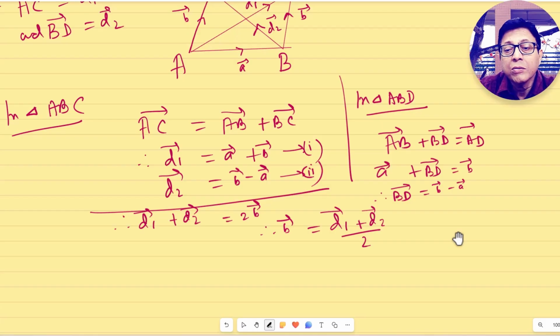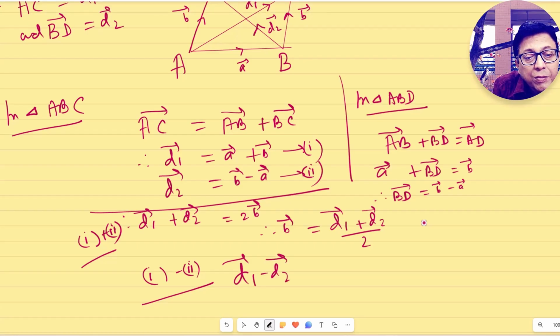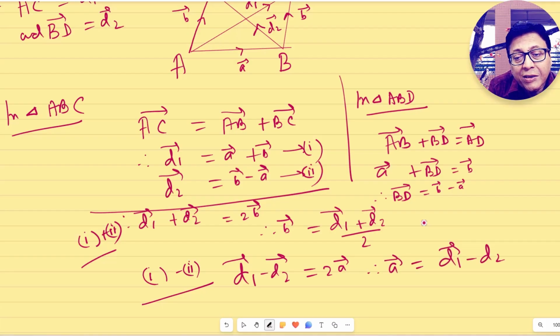D1, D2, so D2 vector going to be B minus A, number 2. If you add these two, D1 plus D2 going to be 2B. So B vector is what? D1 plus D2 by 2.